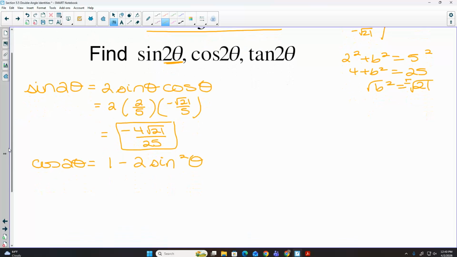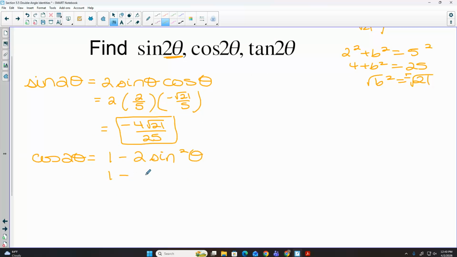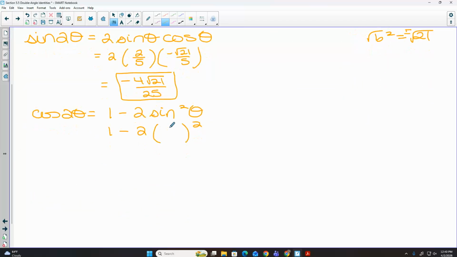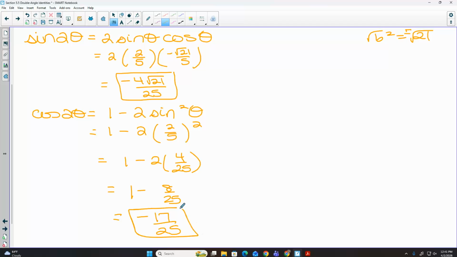Remember, sine squared means you take the value of sine and square it. Sine of theta in my original problem told me was 2/5. So if we square that, multiply by 2, and subtract from 1, we get negative 17 over 25.